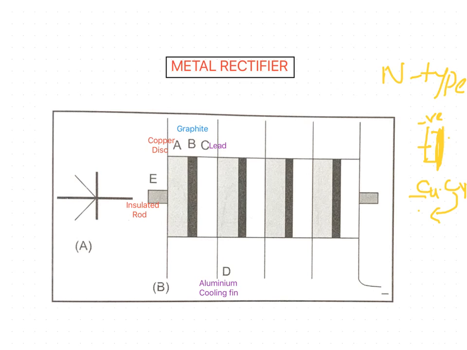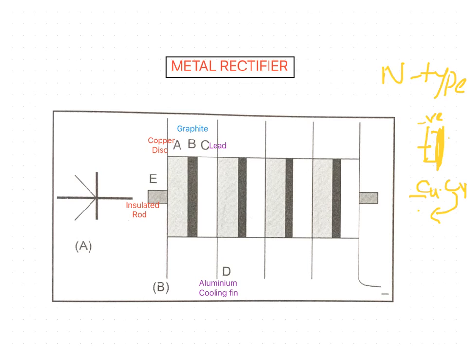So this should not be allowed, because the rectifier only helps in the unidirectional flow of current. The reverse direction should not take place. For this reason, they have given more EMF to the copper oxide.